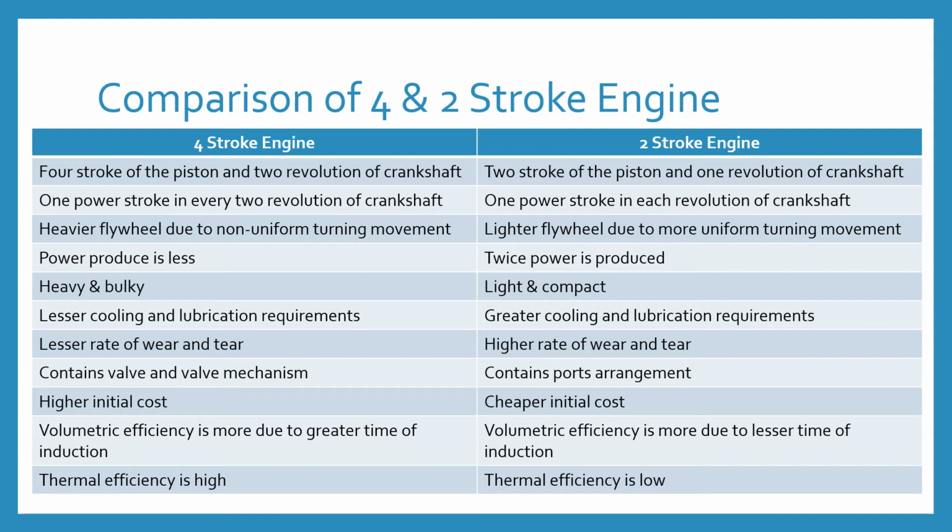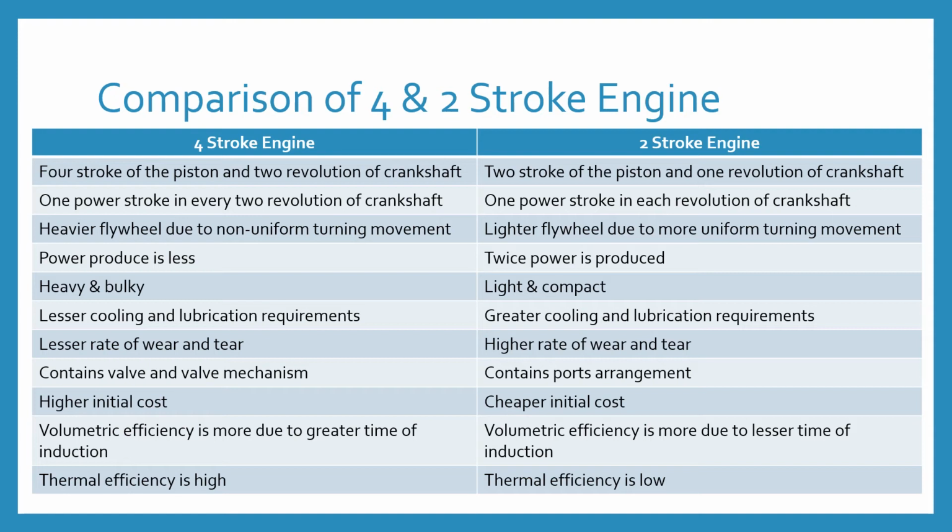In the case of the 4-stroke engine, 1 power stroke occurs in every 2 revolutions of the crankshaft, and in the case of the 2-stroke engine, 1 power stroke occurs in each revolution of the crankshaft.